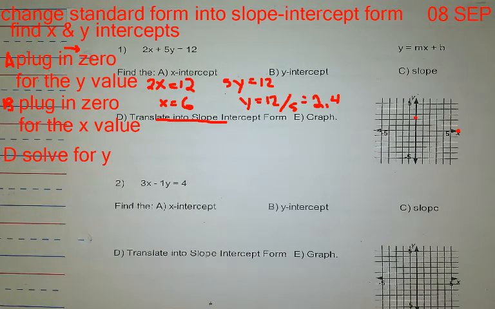So if I can take this guy and move it way over here, then I'll get y by itself. So I have to solve for y.